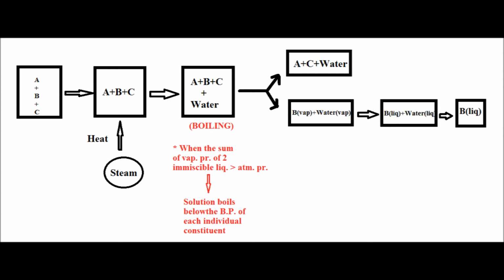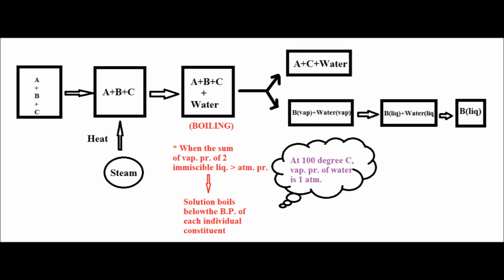That is, when a mixture of two immiscible liquids is heated, each constituent independently exerts its own vapor pressure as a function of temperature as if the other constituent were not present. Consequently, the vapor pressure of the whole system increases. Boiling begins when the sum of the vapor pressures of the two immiscible liquids just exceeds the atmospheric pressure.